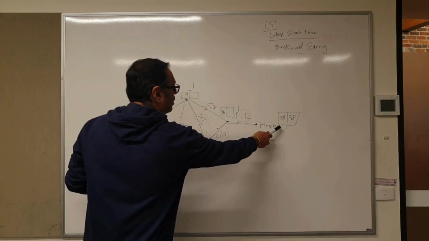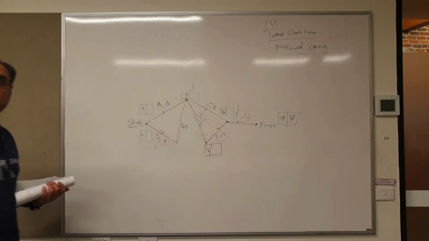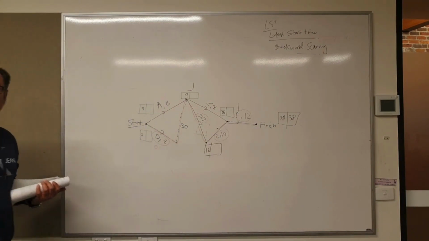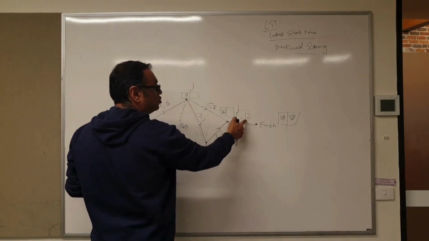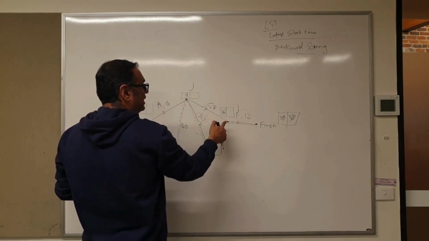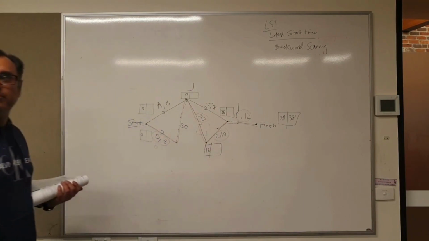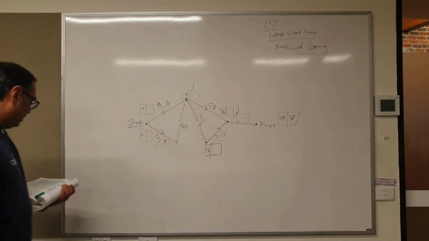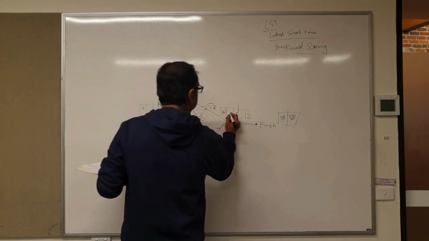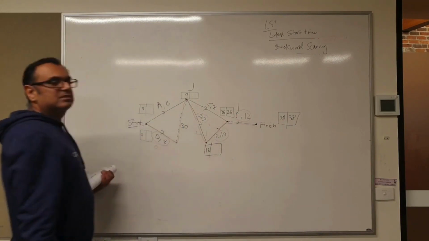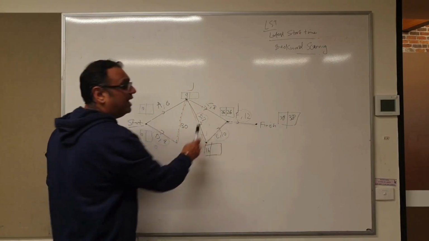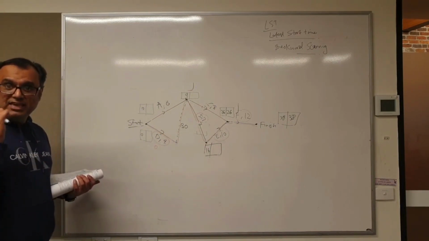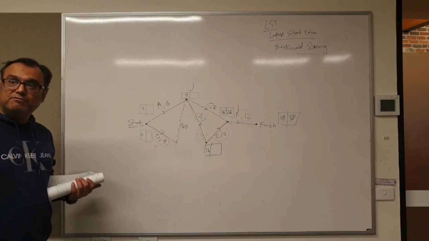Now, when you're moving back, you subtract. So from the 38th minute, you took away 12 minutes and you reached activity F. So 38 minus 12 is how much? 26. Now you see, for activity F, you have the EST number as well as the LST number.